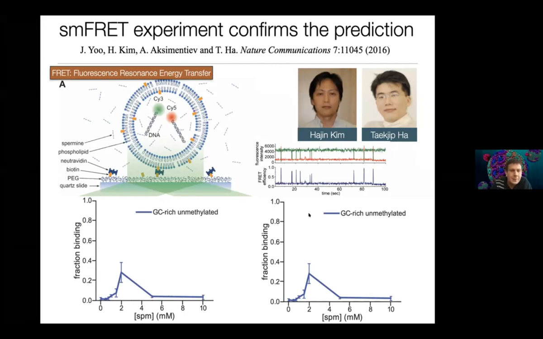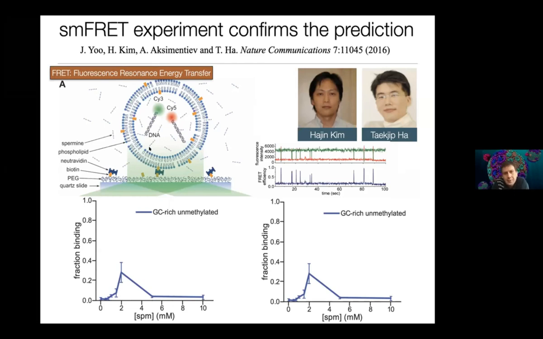So here's an experiment. It's super clever and amazingly done. You have a substrate to which you can bind a lipid vesicle. And there is a technology to make sure that the lipid vesicle has only 2 DNA molecules on average.